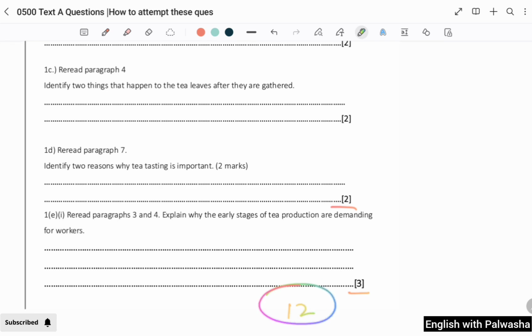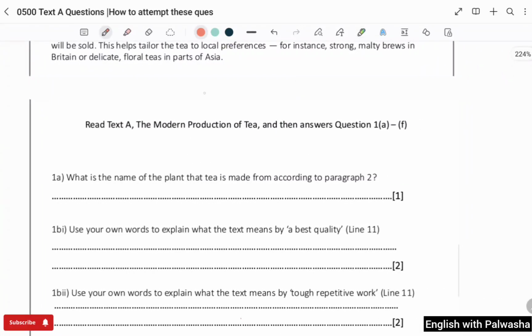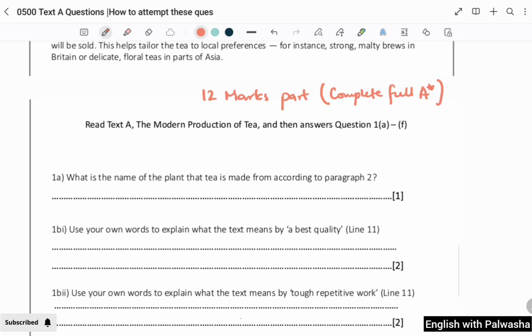Altogether 12 marks, right? So today we will be attempting only the 12 marks part to secure and learn only these 12 marks questions, so as to achieve complete full A star in this text A. There shouldn't be any mistake.